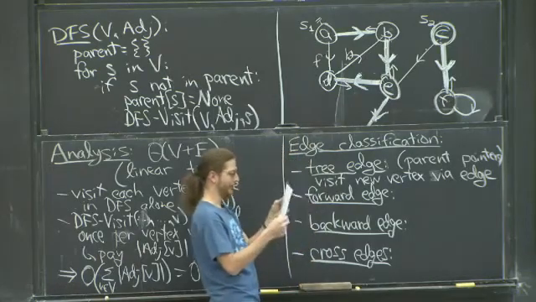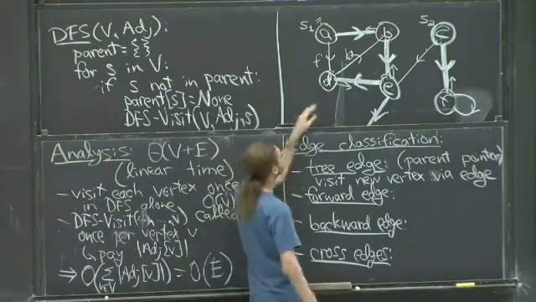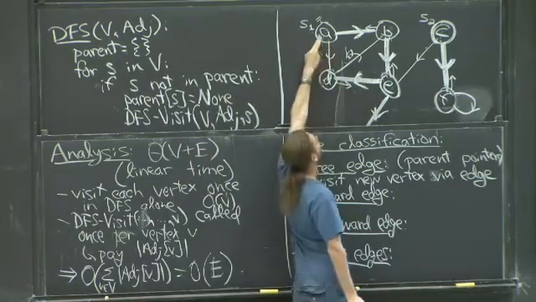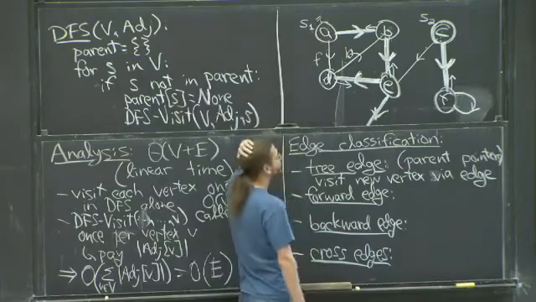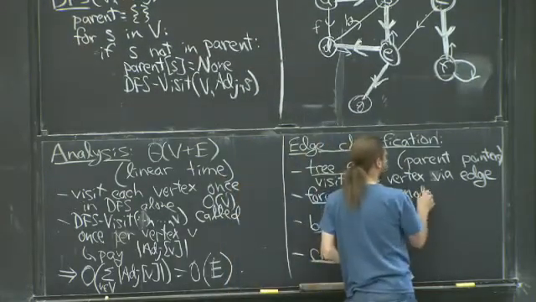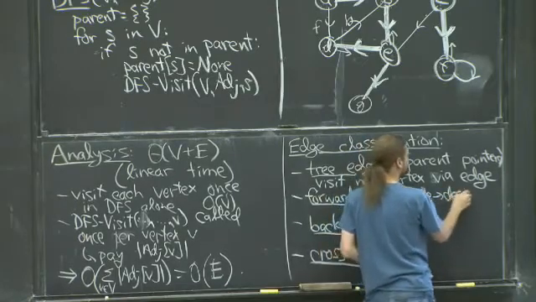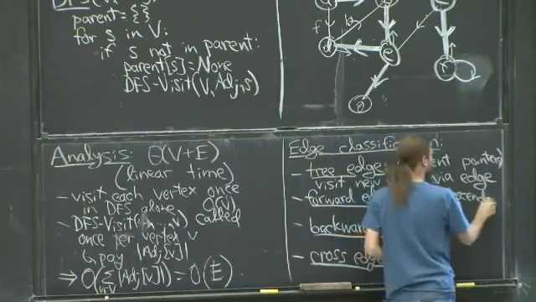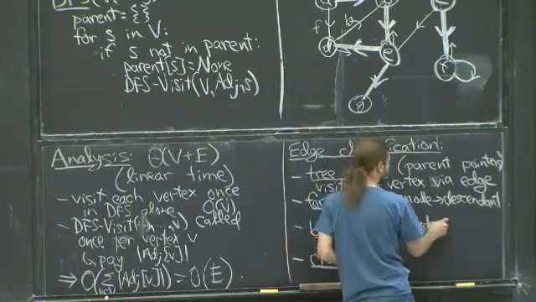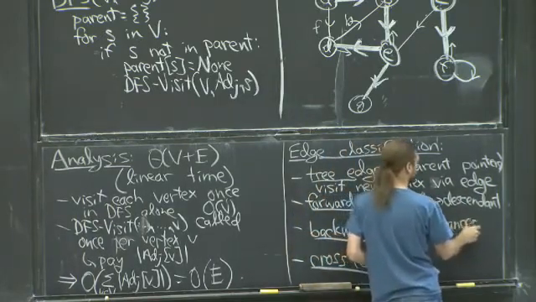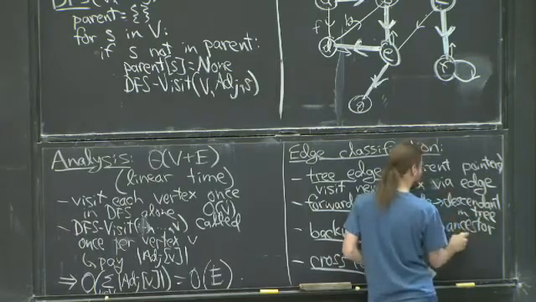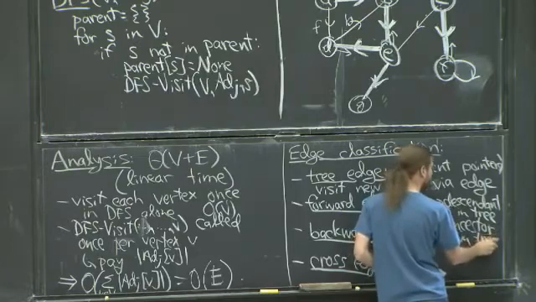Double check I got these not reversed. Yep, that's right. Forward edge, because I could go from D to its parent, to its parent, to its parent. The edge went the other way. That's a forward edge. OK, so forward edge goes from a node to a descendant in the tree. Backward edge goes from a node to an ancestor in the tree. And when I say tree, I mean forest.